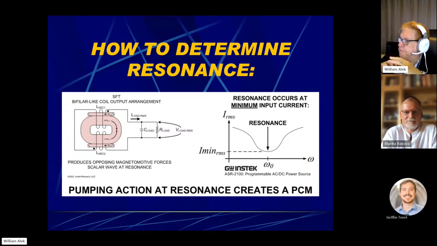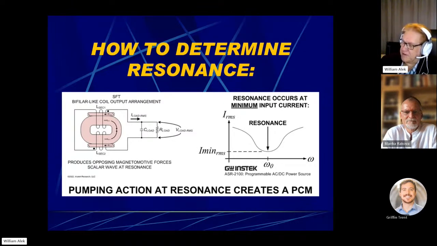And this is why your efficiency goes way up in these type of devices, because your minimum operating current at resonance approaches zero. Okay, so when you calculate the efficiency between your input and output, that efficiency can go into the billions if you have your coils configured almost perfectly.